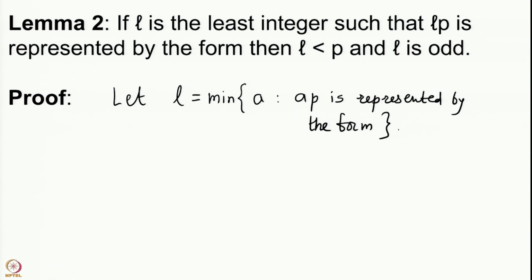So, L is taken to be the least integer such that the multiple of p by this integer is represented by this form.